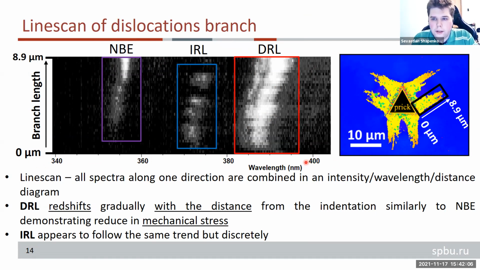As we can see, with the distance from the indentation, we have a gradual redshift of dislocation-related luminescence, which follows near band edge emission. This is because of the reduction of mechanical stress with distance from the nanoindentation. Also for the intersection-related luminescence, we see the same trend, but it is discrete.